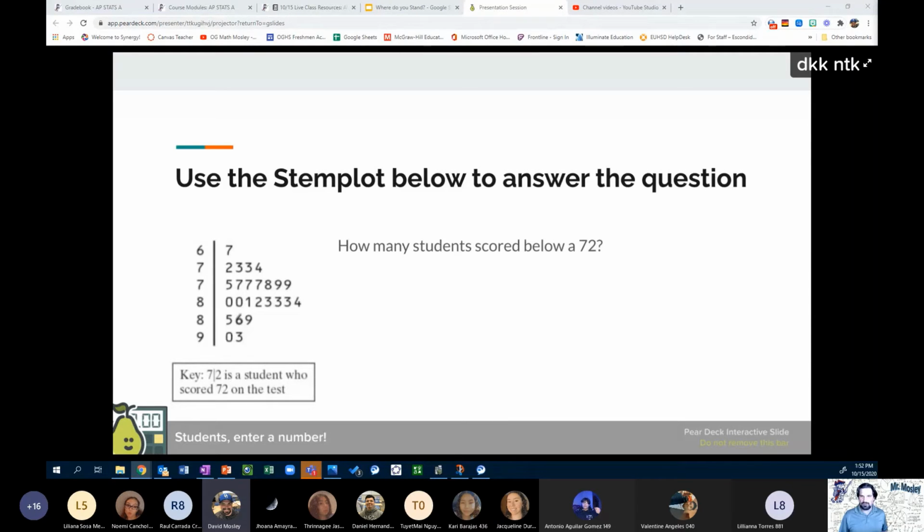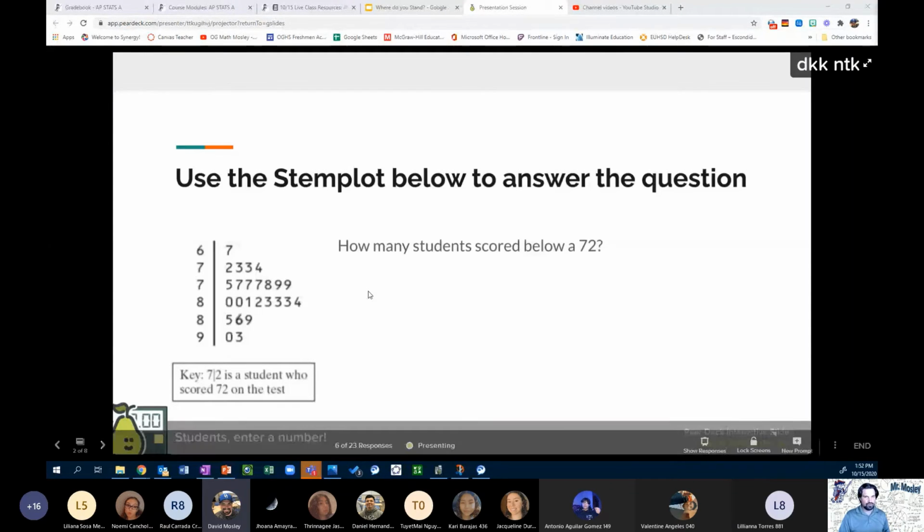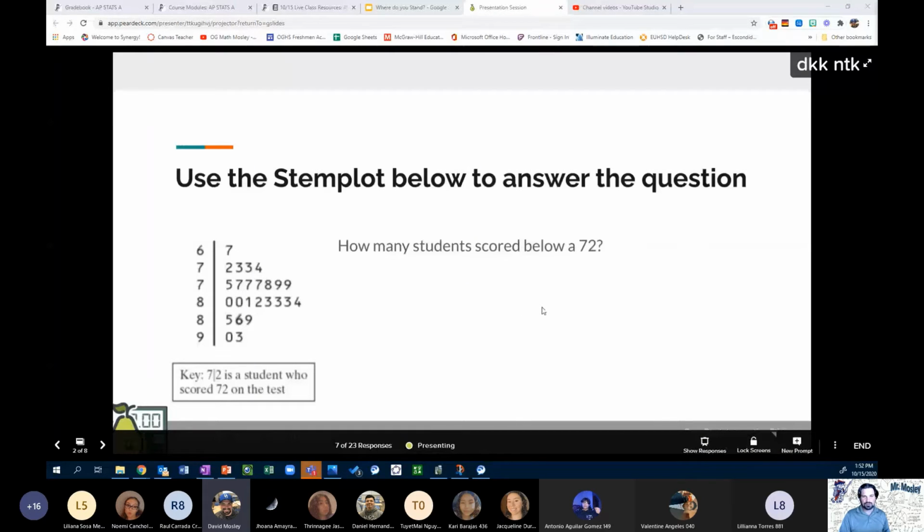It is the only stem plot we will be using today. And the only thing you're answering here is how many students scored below a 72? So you need to be able to read the stem plot. How many scores on this stem plot are less than 72? Not equal to or less than, only less than.